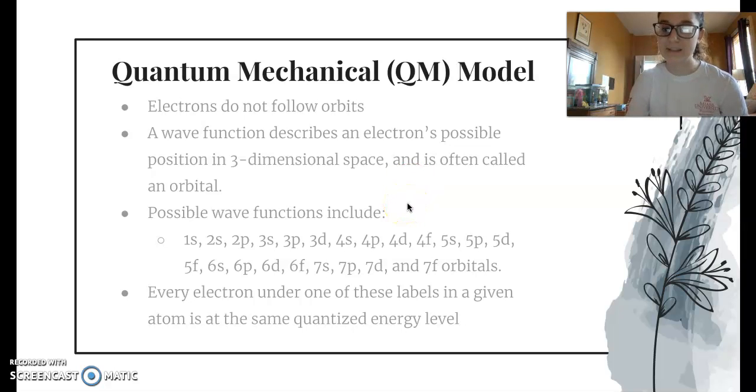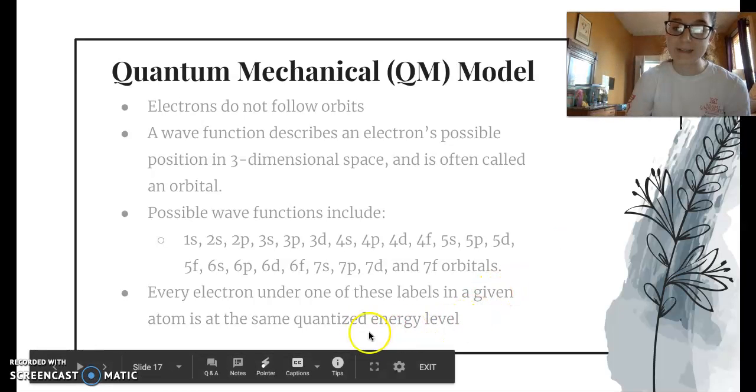The different possible wave functions are 1s, 2s, 2p, 3s, 3p, 3d, 4s, 4p, 4d, 4f, etc., up until 7f orbitals. Every electron under one of these labels in a given atom is at the same quantized energy level. Okay, so the number in front of it describes its quantized energy level.